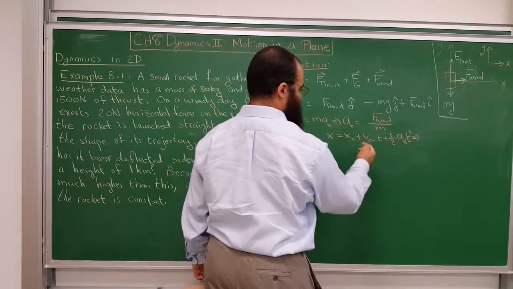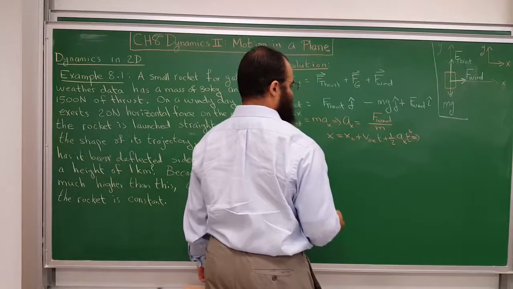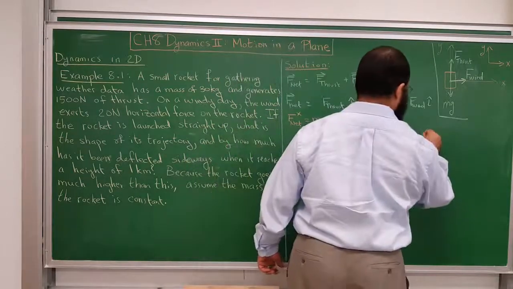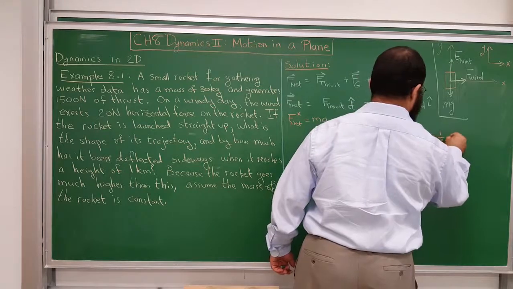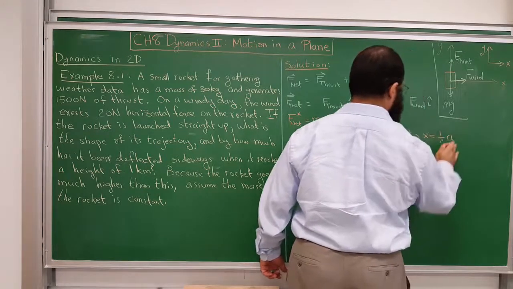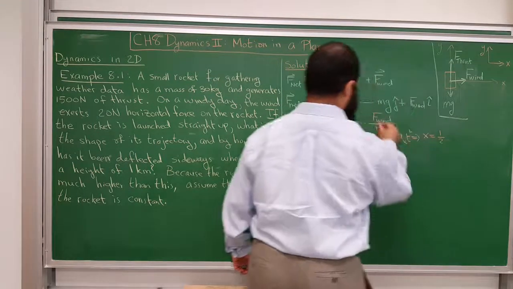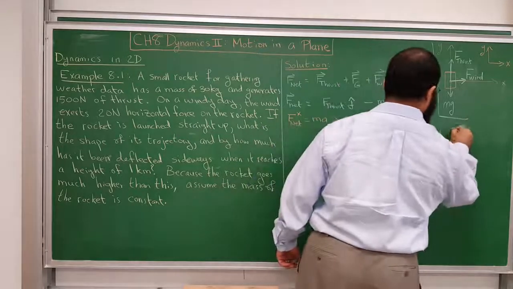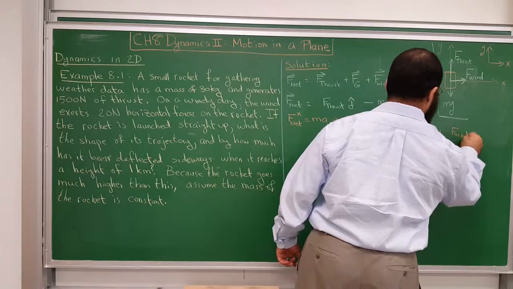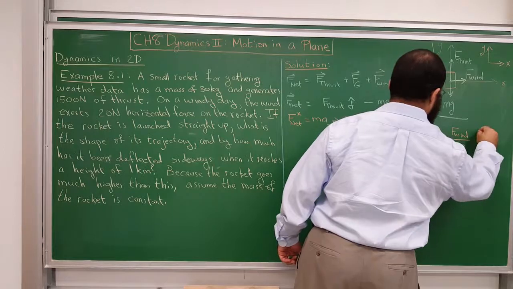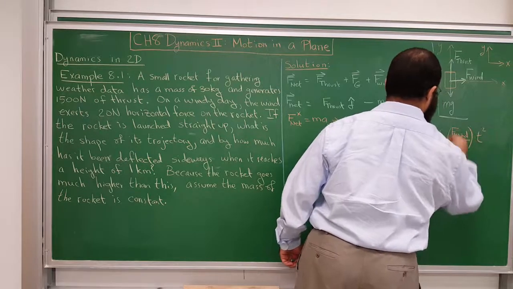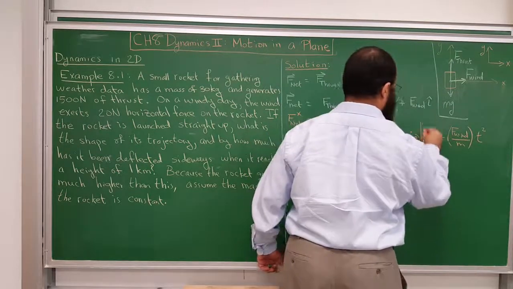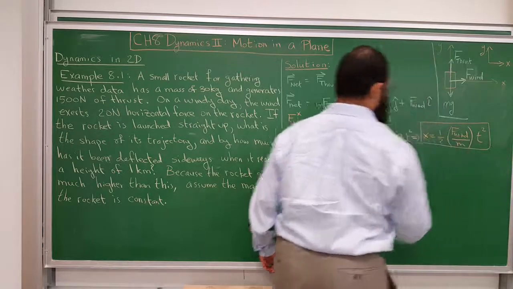So it's just 1/2 a t squared. So x will equal 1/2 times the acceleration in the x direction, which is F wind over m, times the time squared. All right, so let's box this one.